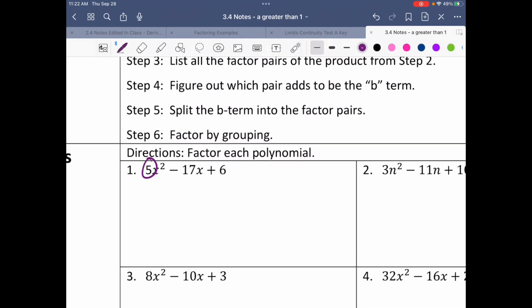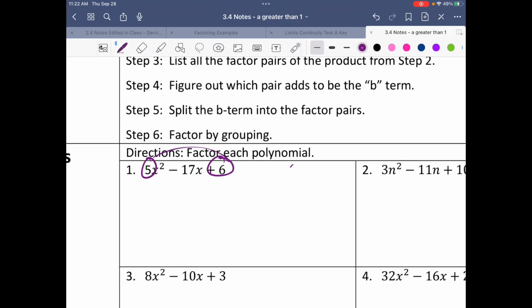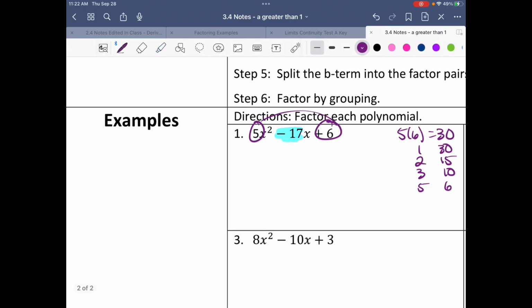All right. So GCFs first. Okay. Nothing on this one, so I've got 5 times 6. Factor pairs. All right, so multiplies to be a positive number, but adds to be a negative number. How is it possible to get positive when I multiply, but negative when I add?